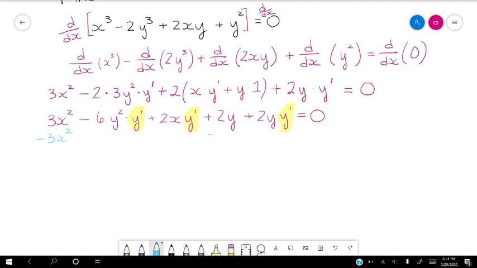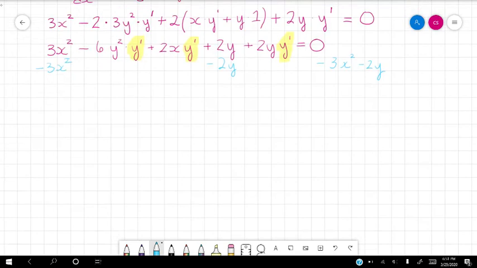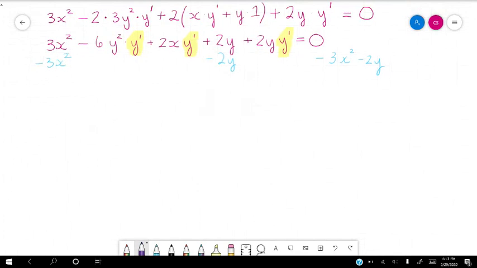Okay, that'll take care of that. Let's subtract 2y to get it out of the left. And whatever we do to one side, we got to do to the other side. Okay, so that's how we solve for terms. We gather them all on one side.